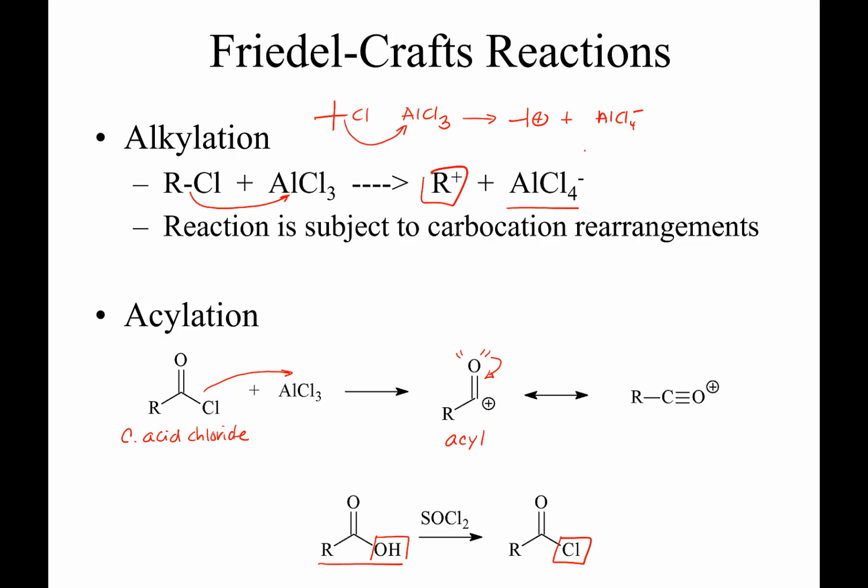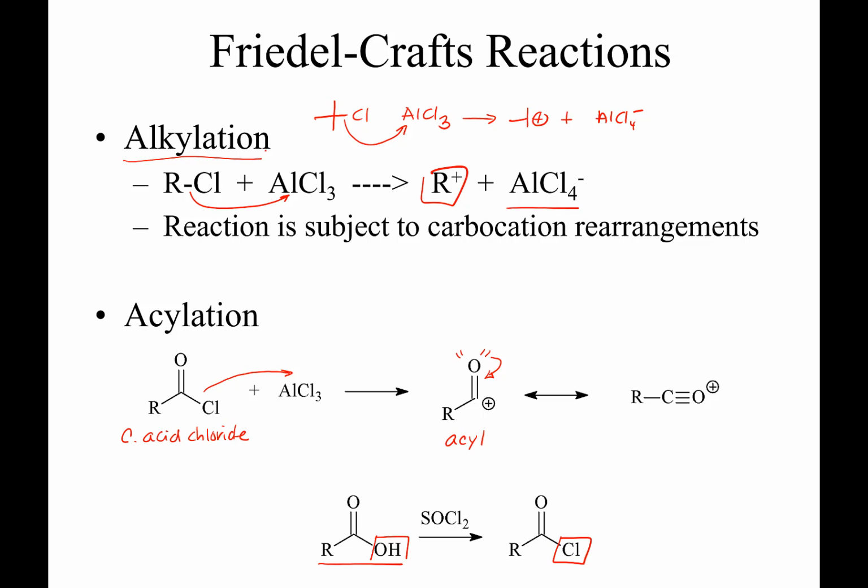So by adding aluminum or iron trichloride to an alkyl halide, you'll make the carbocation. This is typically called Friedel-Crafts alkylation, when you use an alkyl halide plus aluminum trichloride. And the modification on that is to use iron trichloride.